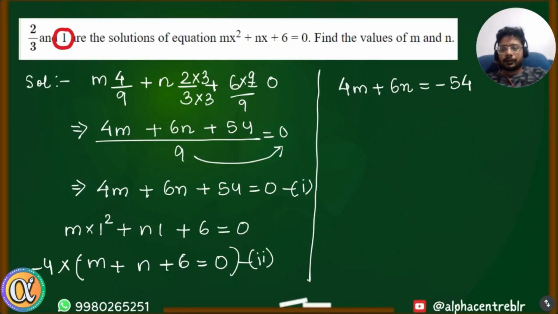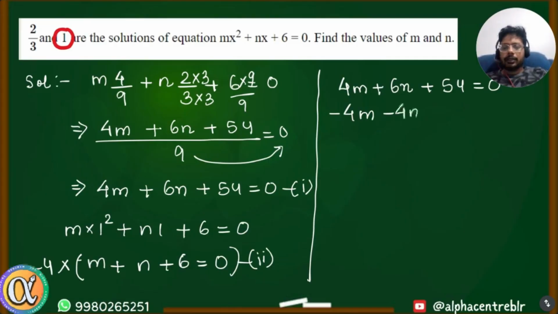Let's do minus 4. And even here now, let's not change because if we make too many changes in the same step, there might be chances of making silly errors. So we'll leave 54 on the same side and equate it to 0. This is my first equation. Second equation, let's multiply with minus 4 and then carry it to the other side so that m gets eliminated in the next step. So this is minus 4m minus 4n minus 24 is equals to 0.